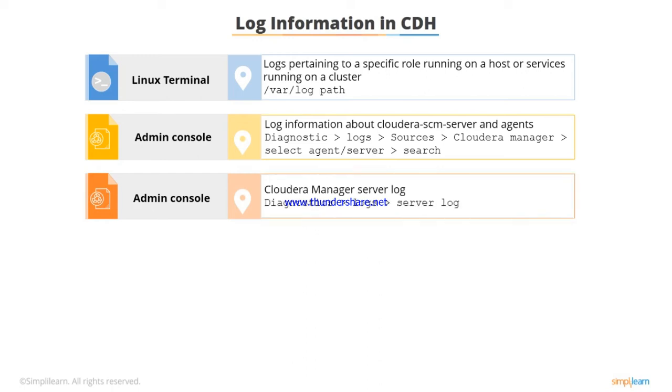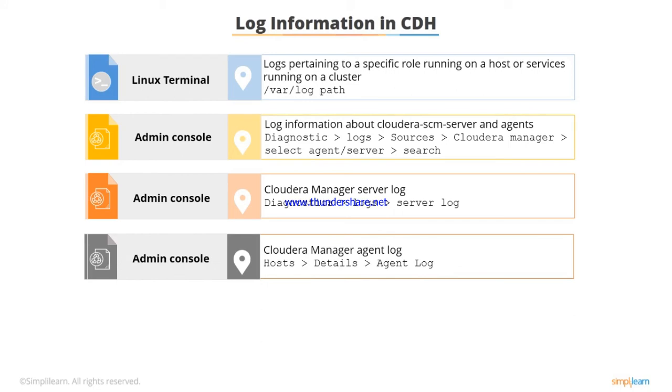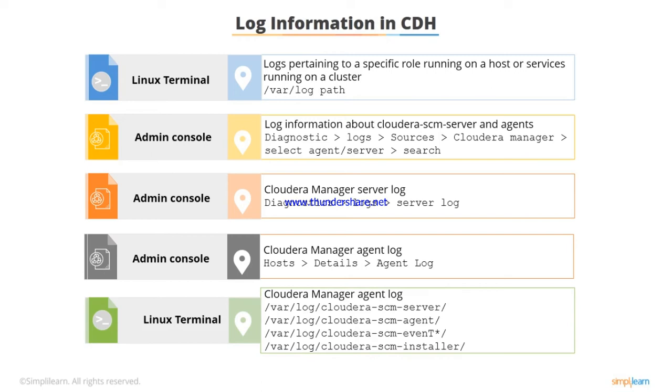To view the Cloudera Manager server log from the admin console, click Diagnostics, then Logs, and then click Server Log. From the admin console, to view the Cloudera Manager agent log, first click Hosts and select the required host. Next, click Details and then click Agent Log.